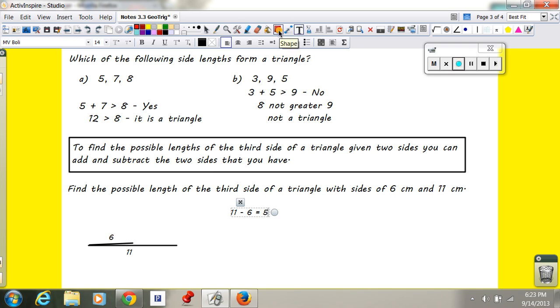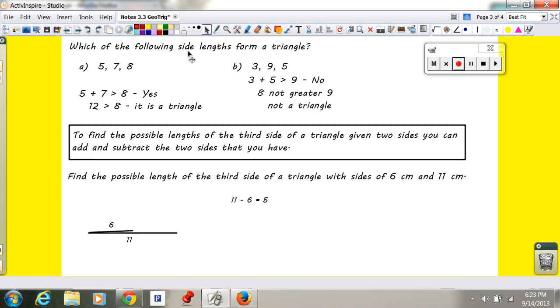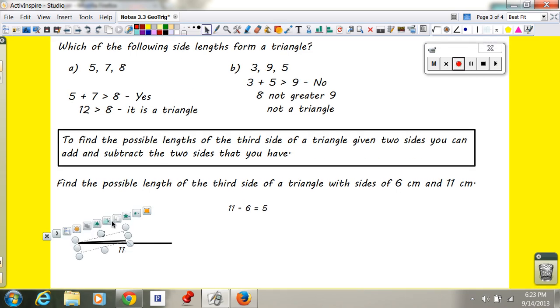Now, if I was to make this side right here come way over here like this, and make it come almost to where it's a line, almost. This is my 6 over here, this is my 11 right up here. Actually, put the 6 underneath.